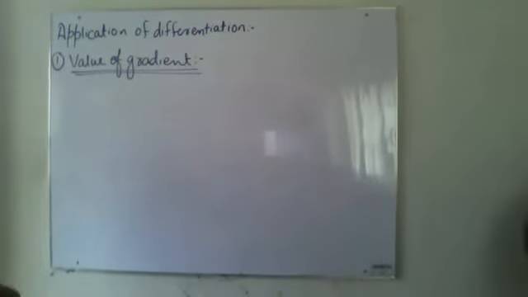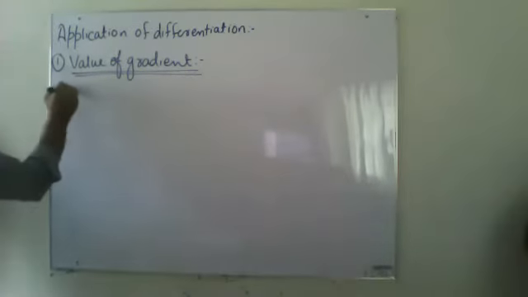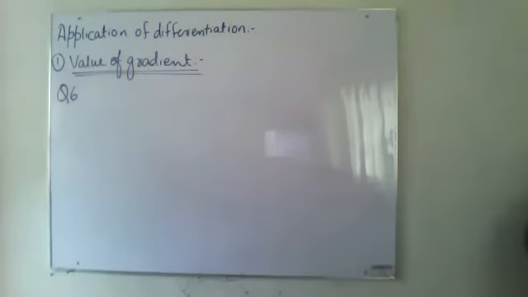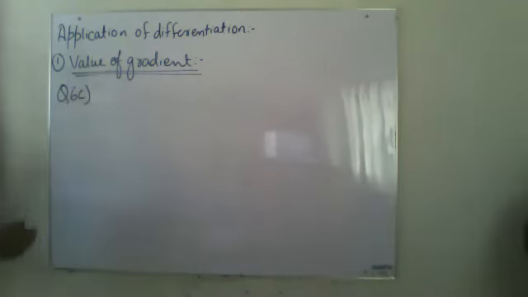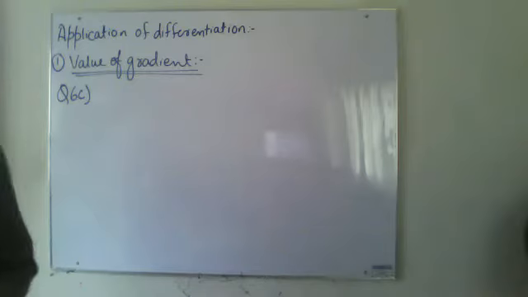Now, question number 6 of exercise 15.1 again, and now I'm going to do question number 6c. Again, they are telling us to find the gradient of the tangent to the curve. And what is my curve equation?